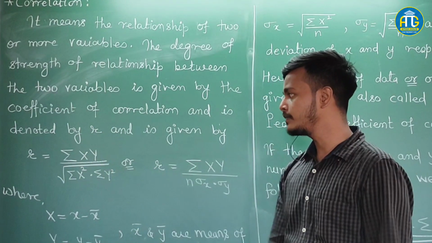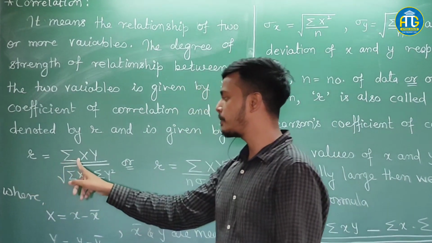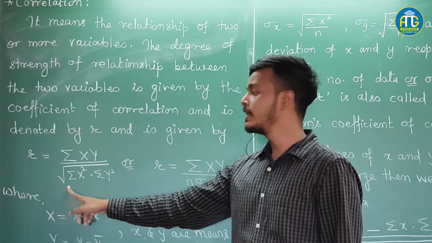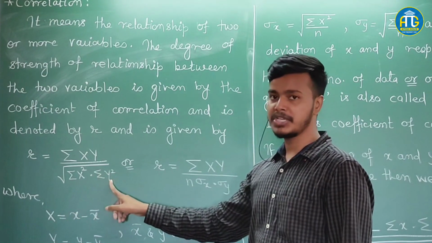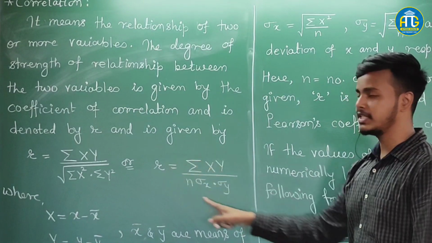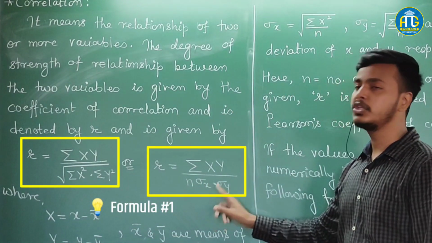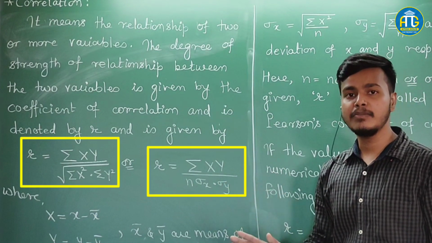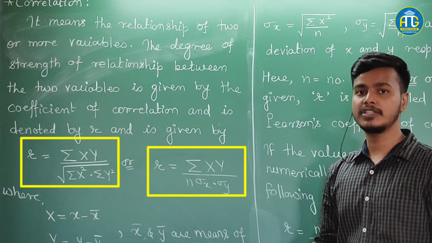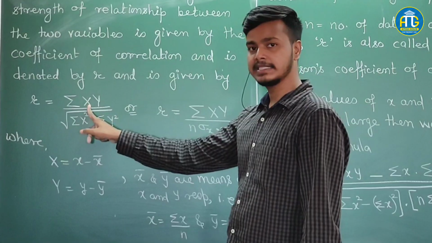It's a standard one, and it is given by the formula r is equal to summation xy upon under root of summation x square into summation y square. This can also be found out with the help of this formula. Whether you use this formula or this formula, you will always get the same coefficient of correlation for the same data.